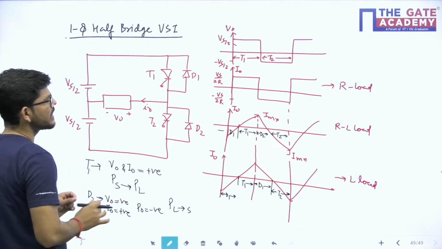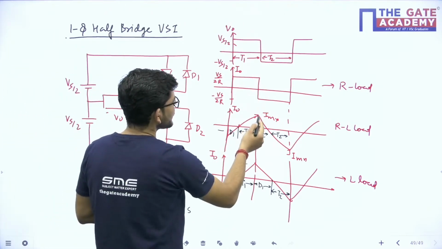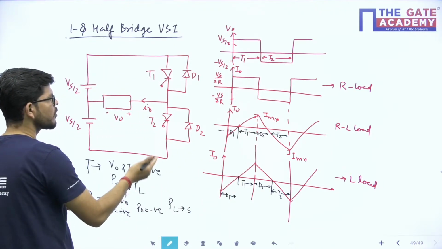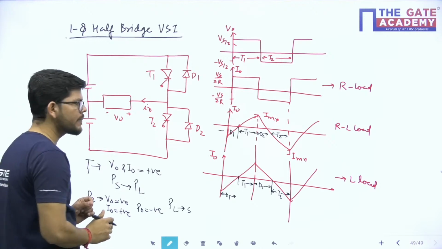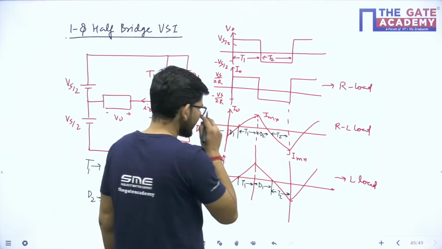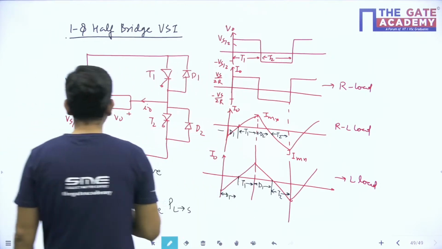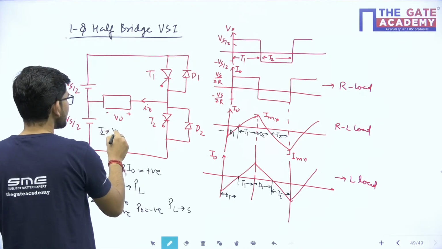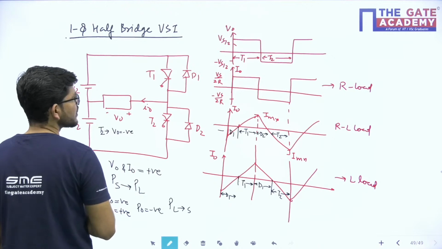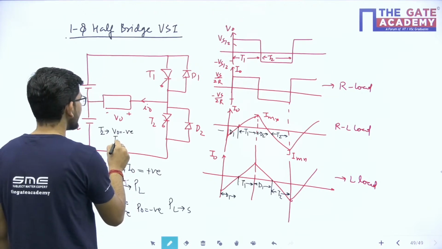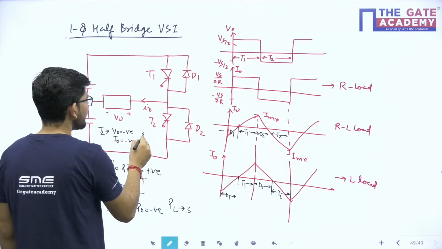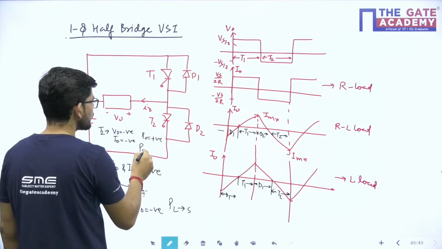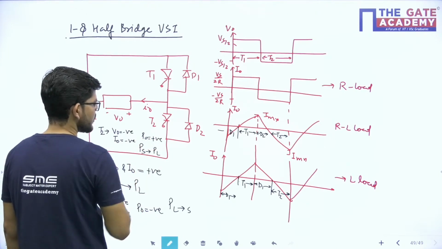When D2 is conducting, V0 is negative but I0 is positive, so power will be negative, so power is flowing from load to source, okay. Similarly, when T2 is conducting, V0 is negative and I0 is negative as well, so power will be positive, so my power flows from source to load, okay.